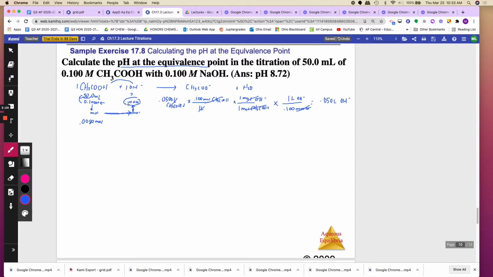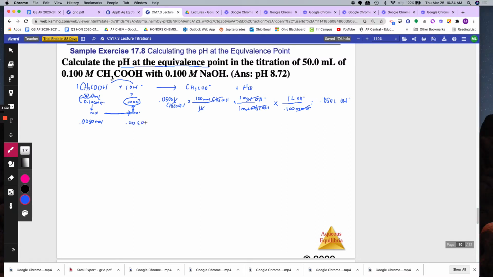Here I have 0.1 times 0.05 liters, which is 0.005 moles. Oh my goodness, I have equal moles. That means I'm at equivalence point. So the total volume is 50 mL plus 50 mL, that's 100 milliliters or 0.1 liter.